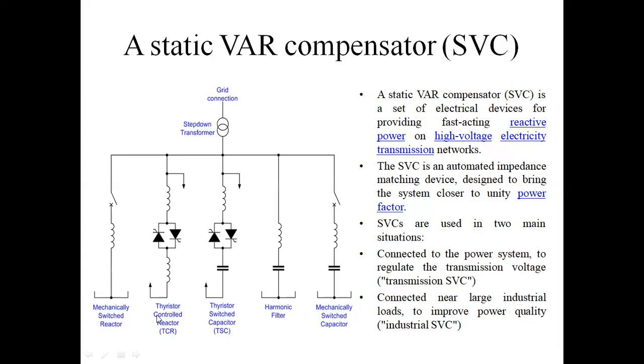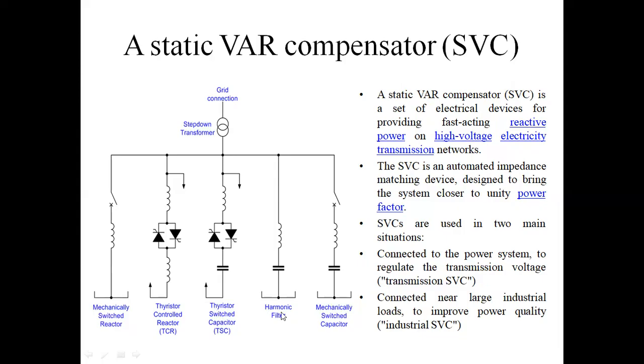Next, this is the TSC, thyristor switched capacitor. The thyristor switched capacitor also has two thyristors connected in anti-parallel. One thyristor controls the positive half cycle, and the second thyristor controls the negative half cycle.